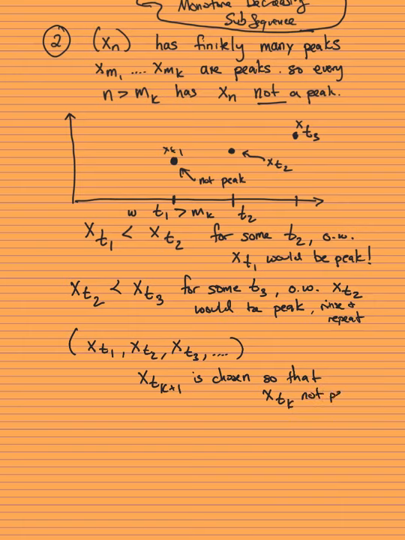Being not a peak guarantees you the existence of this t sub k plus 1, so therefore you get a monotone increasing subsequence. So if you have infinitely many peaks, you get a monotone decreasing subsequence. If you have finitely many peaks, you get a monotone increasing one. Either way, we're happy.